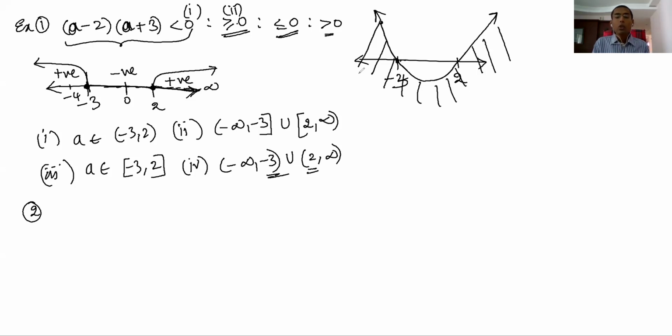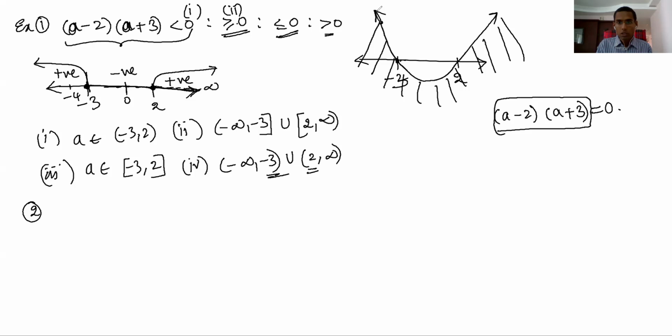So that means here this curve, (a minus 2) into (a plus 3) equal to 0. Let's take this expression, (a minus 2) into (a plus 3).